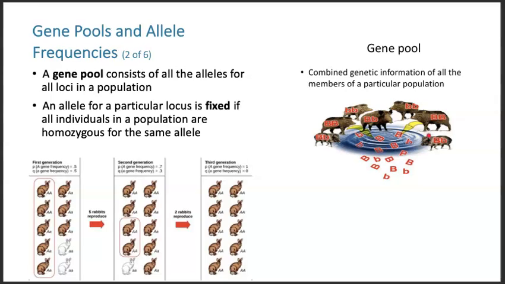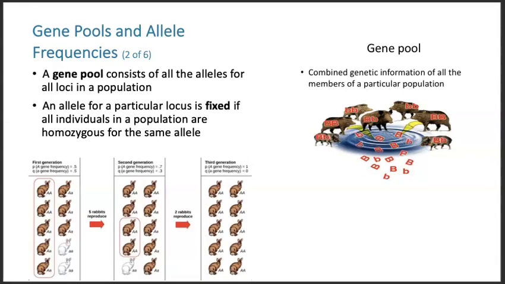So this is a good way to think about it: separating the alleles from the individuals that hold those alleles. That's a really important thing when we're talking about evolution. This one's big B, little b, but all I'm thinking about is the gene pool. Another way to define gene pool, which I like, is the combined genetic information of all the members of a population. So we're just combining them in this pool here, right?